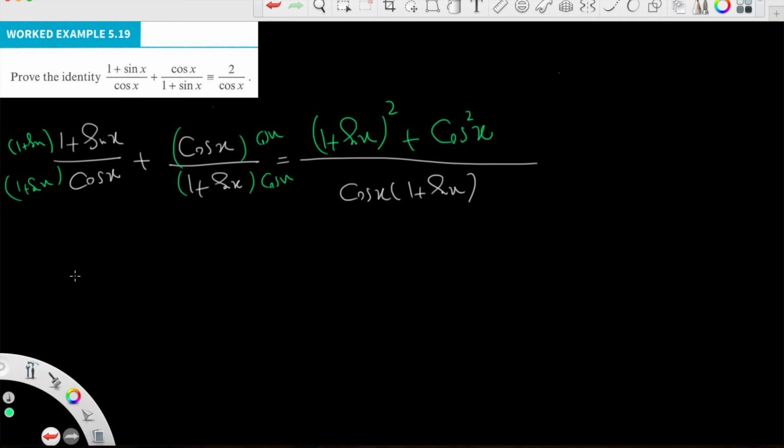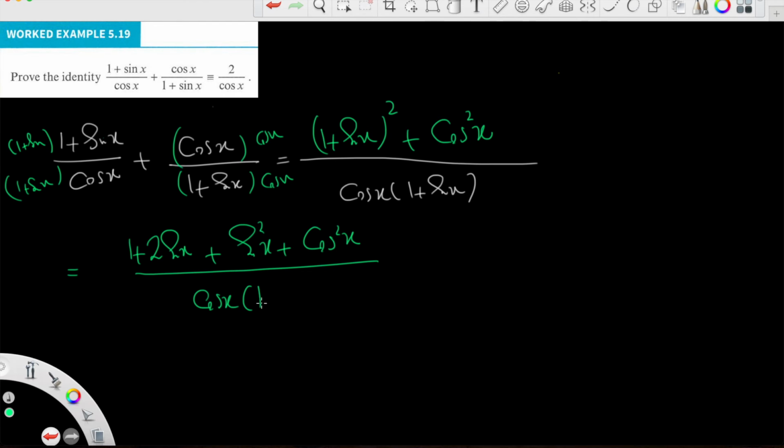Now, expanding, it will be 1 plus 2 sine of x plus sine squared of x, then plus cosine squared of x, over cosine of x times 1 plus sine of x.